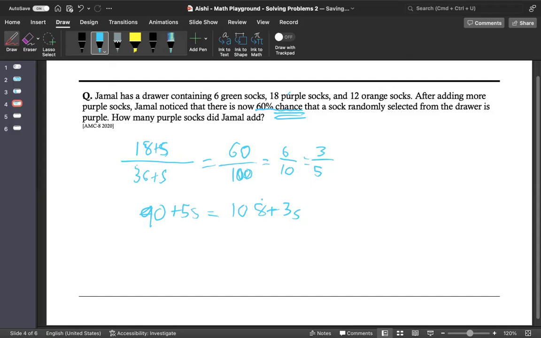So we get 2s is equal to 108 minus 90, which is 18. So s is equal to 9. Okay. So that's your answer.